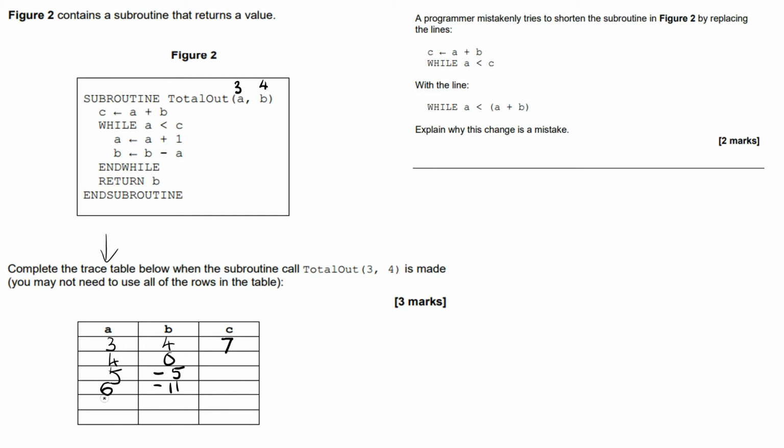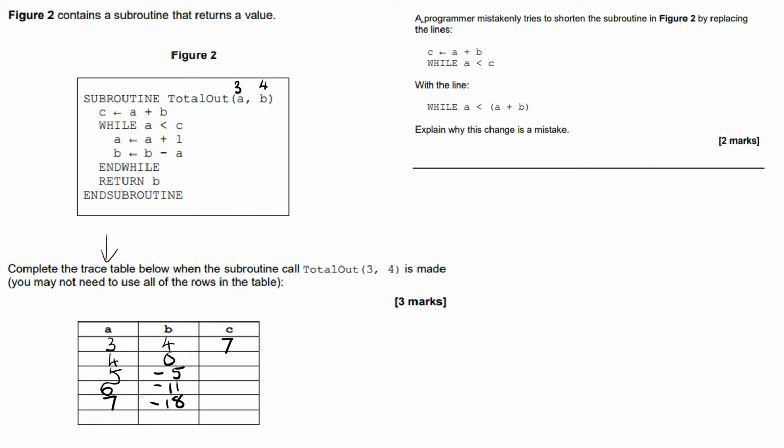So now A becomes 7, and we're taking away 7 from that, and C remains 7, and then the loop will end because this now becomes false because they are equal to each other.